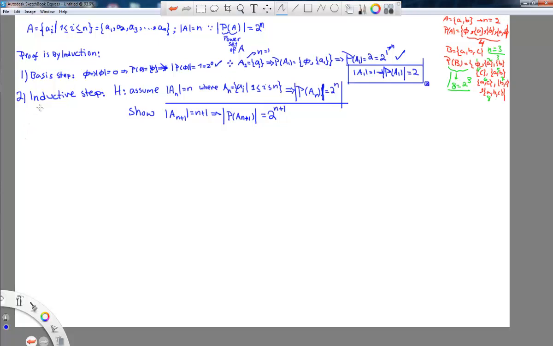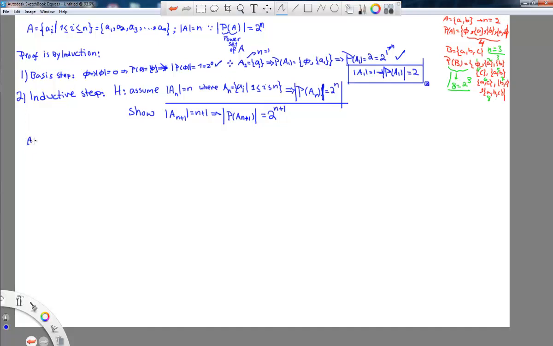I want to suppose that if I had a set with n elements, and assume that its power set has 2 to the n elements, then I would prove that if I add one element to this, I double the size of its power set. So I want to show this. Now let's see how I'm going to go about doing this. So I start with my assumption.